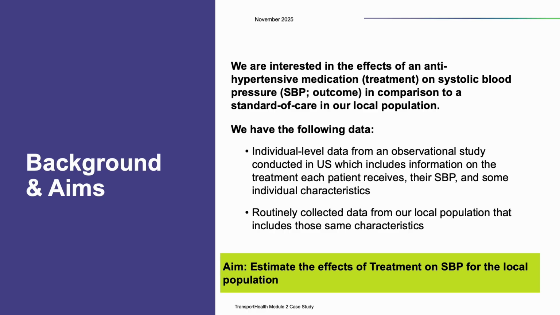In addition, we have routinely collected individual level patient data from our local population that includes those same characteristics, but does not include information on the treatment received or blood pressure. Our aim is to estimate the effects of treatment on systolic blood pressure in our local population.